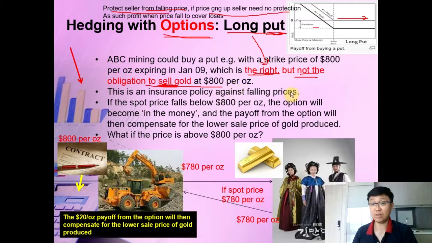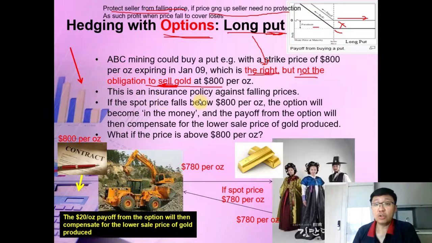So if the price actually goes up to 900, they will simply lose the options, and they can continue to sell the gold in this case at a higher price. Okay, so this is how the graph turns out. Anyway, this is for your early information. We'll come back to this graph in the option chapters.